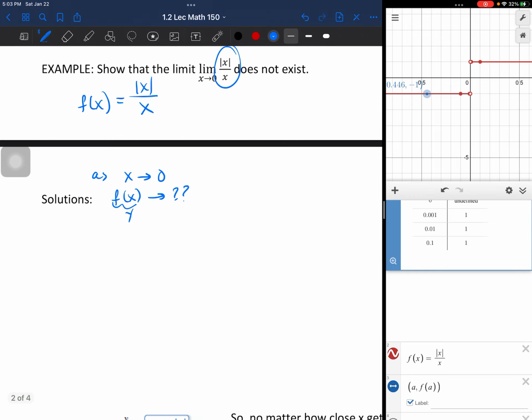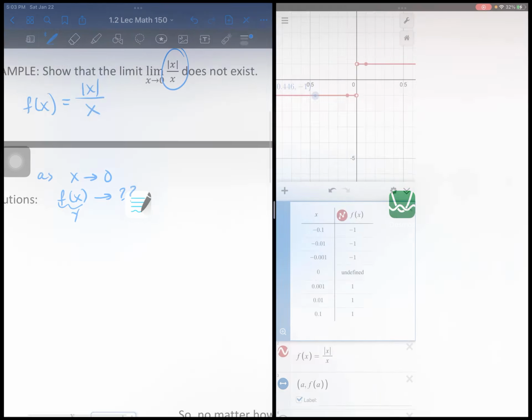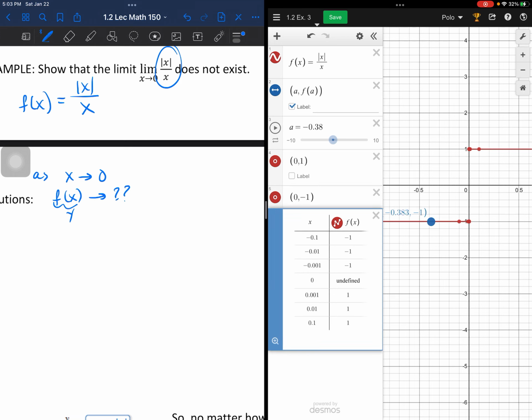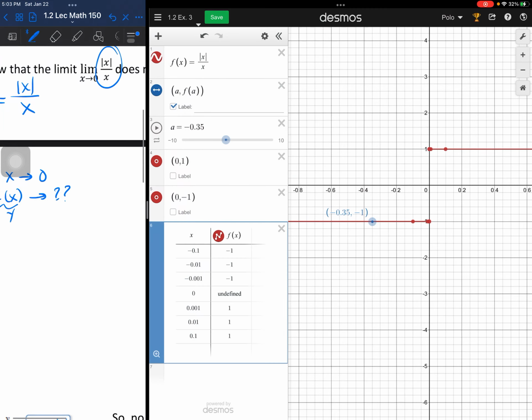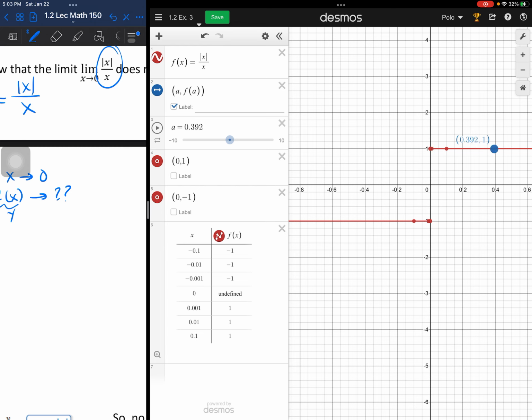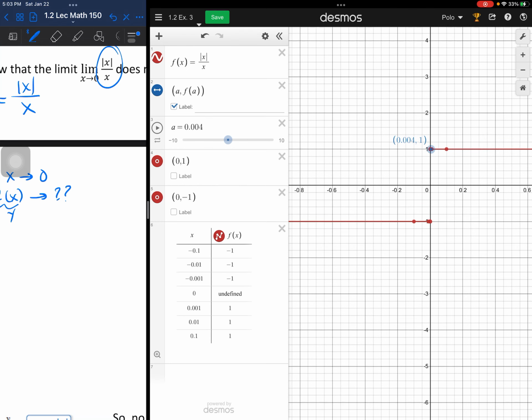As x approaches 0 from the left side, the value is always -1, -1, -1, and then it jumps. And now from the right side, as x approaches 0, the value of y is always 1, 1, 1, except at that moment, right?